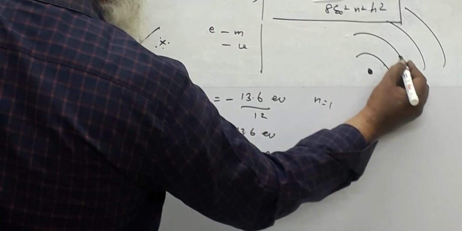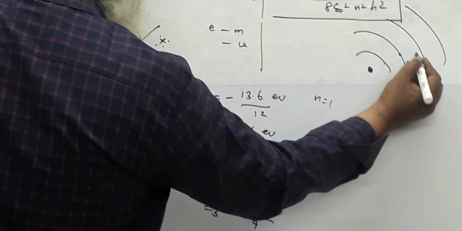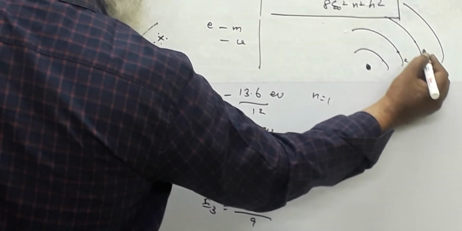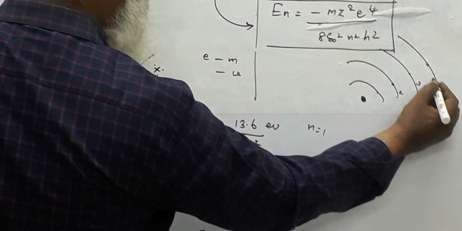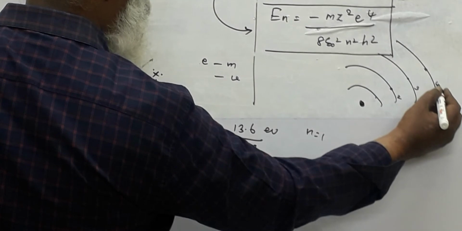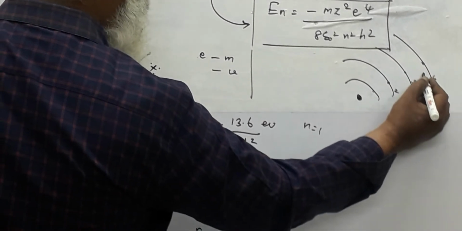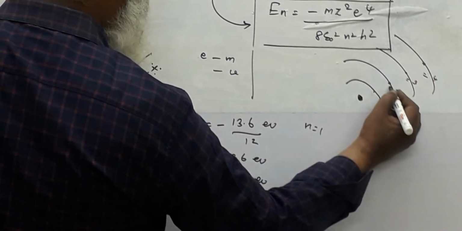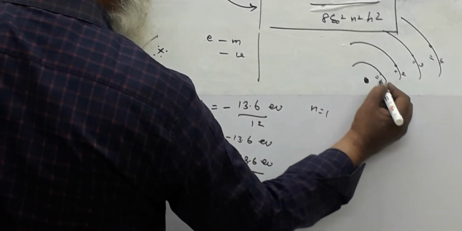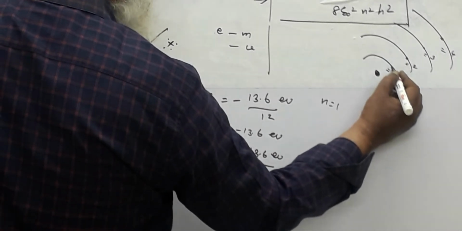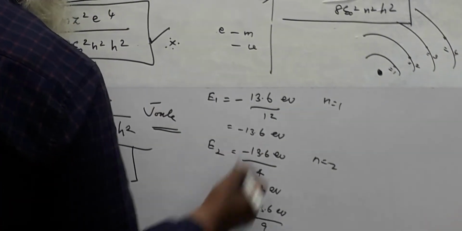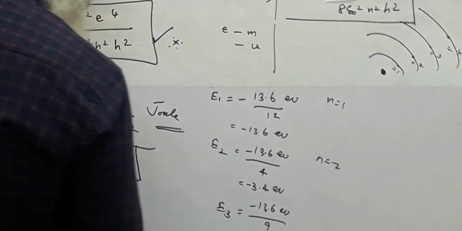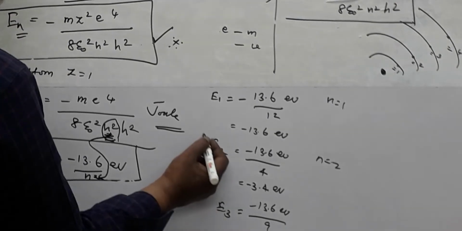The first excited state orbit is called 2. Second excited state orbit is called 3. Third excited state orbit is called 4. N equal to 4, N equal to 3, N equal to 2, N equal to 1. N equal to 1 is the lowest energy level. When you are increasing the orbital value, the energy also increases.